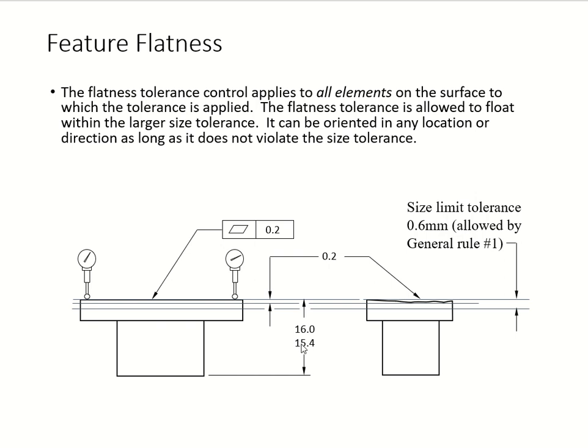So that's 0.6 millimeter allowed, with your general rule, because we're dealing with a surface right here. As long as the flatness doesn't violate this size limit, it can be oriented in any direction, as long as it stays within this size limit, which is 0.6.